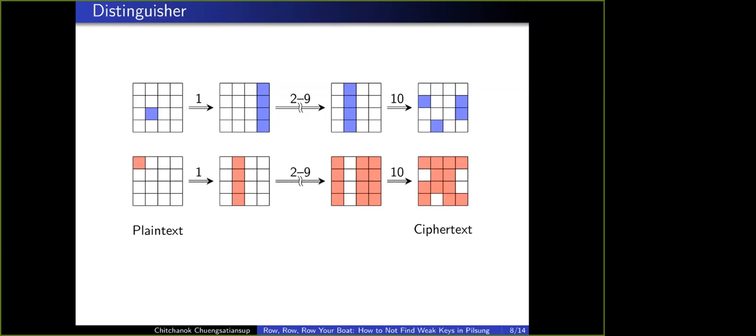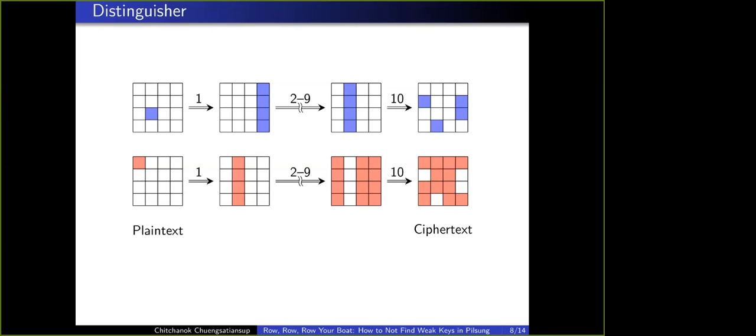And in another case, the difference is not in the column that is preserved. In this situation, we start quite the same way. We are looking at two plaintexts that differ at 1 byte. And with the first round, shift row will move that byte around and mix column will propagate the differences through the entire column. And if it happens that it is not the column that is preserved, which means that it preserves other columns that are already identical, then by the end of round 9, we have two ciphertexts that have 4 identical bytes.